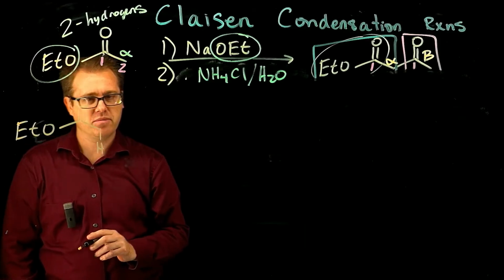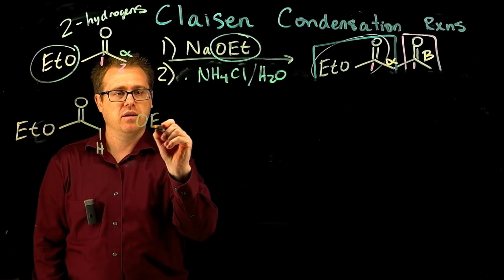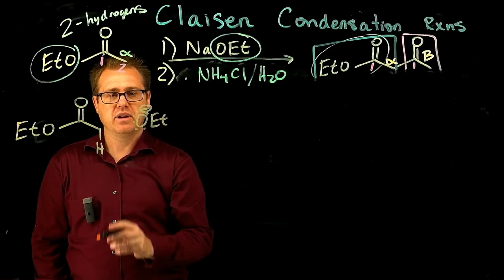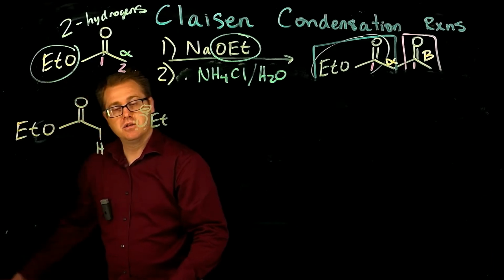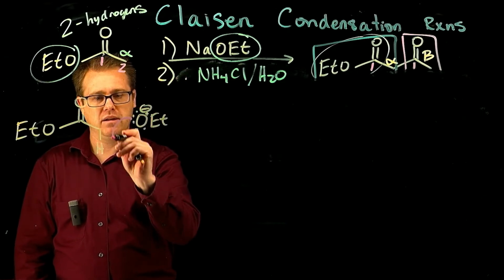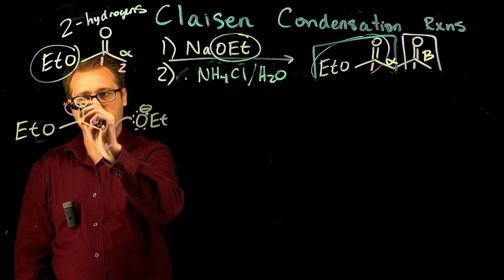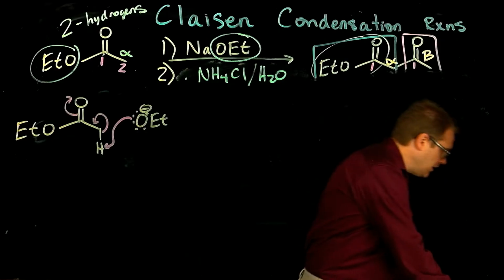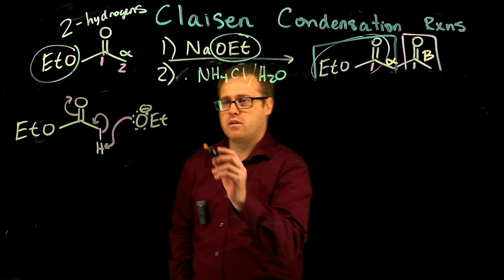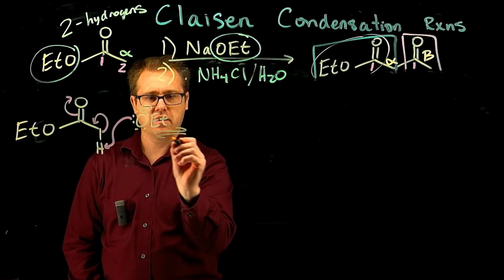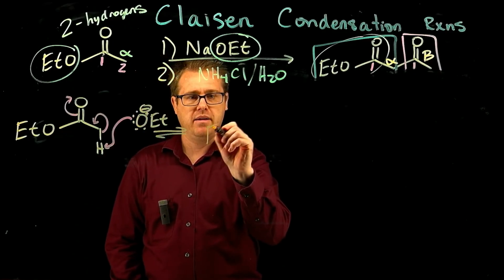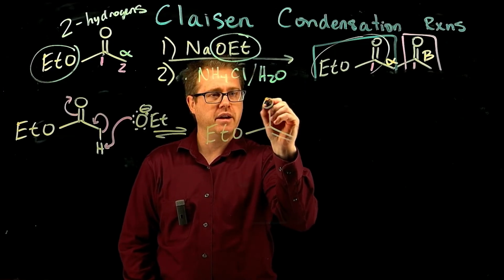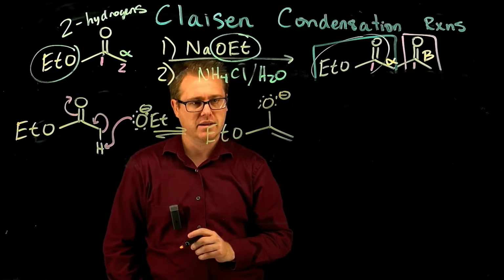So we have our alpha protons, so we have the ethoxide that's going to come in and deprotonate and form our enolate. And these are reversible. So what do we have here? We've generated our enolate, like so.